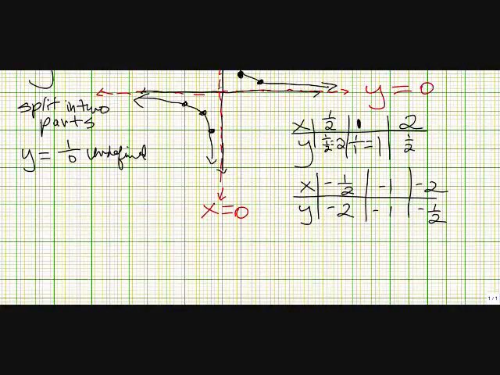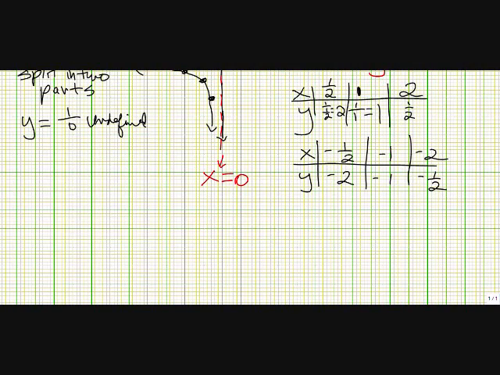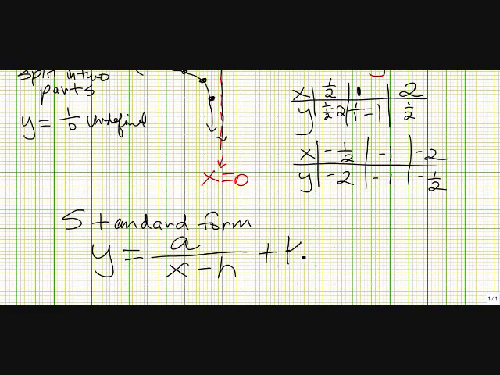Okay. Now, when I get a little bit more complicated functions than y equals 1 over x, I go into my standard form. And that would be y equals a, we won't just use 1, we'll use any number, over x minus h plus k, where h is the vertical asymptote, in other words, the vertical asymptote is x equals h.